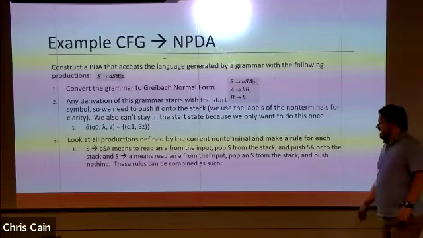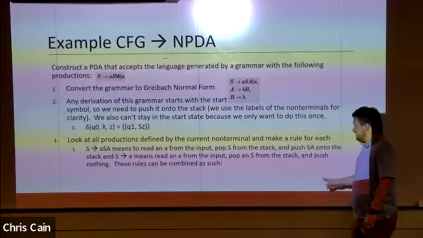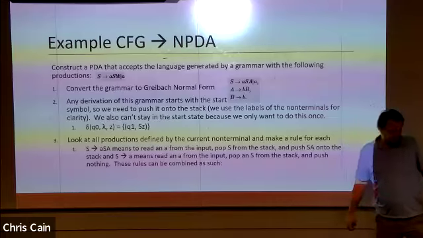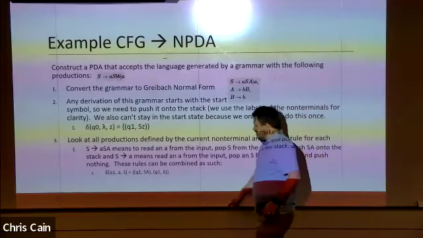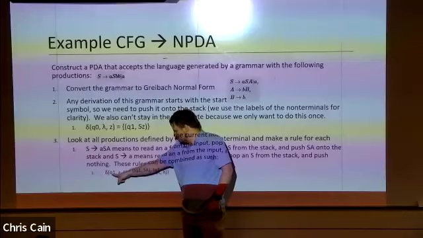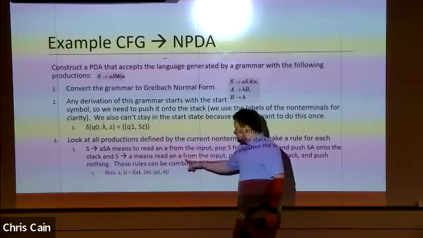Note that S arrow A now means we're going to read an A from the input, pop the S, and push nothing. We can combine these two rules into a single rule where now the input to this is exactly the same. We're starting in state Q1, we're reading an A and popping an S. That's true for both of these rules.